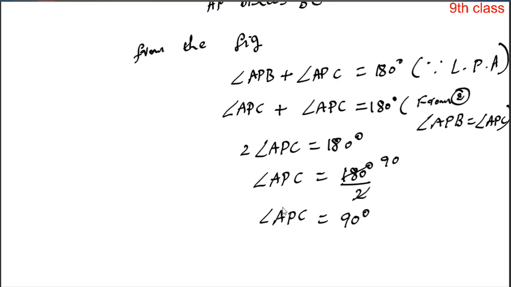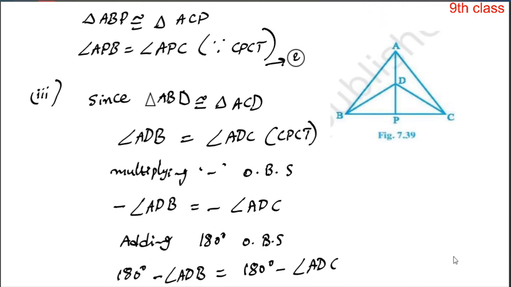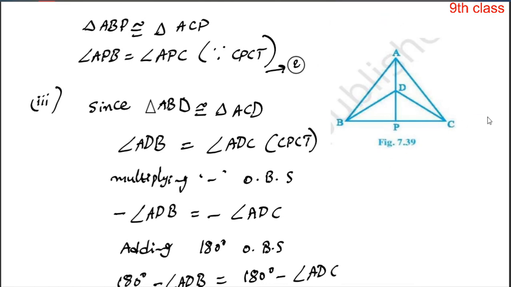Angle APC is equal to 90 degrees. See the figure. These two angles are a linear pair of angles. One angle is 90 degrees and the other angle is also 90 degrees.